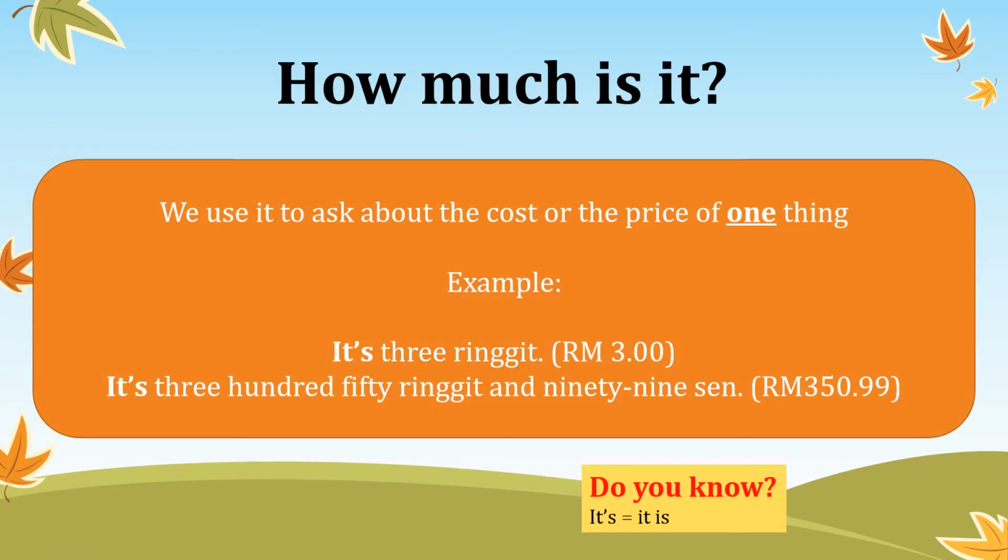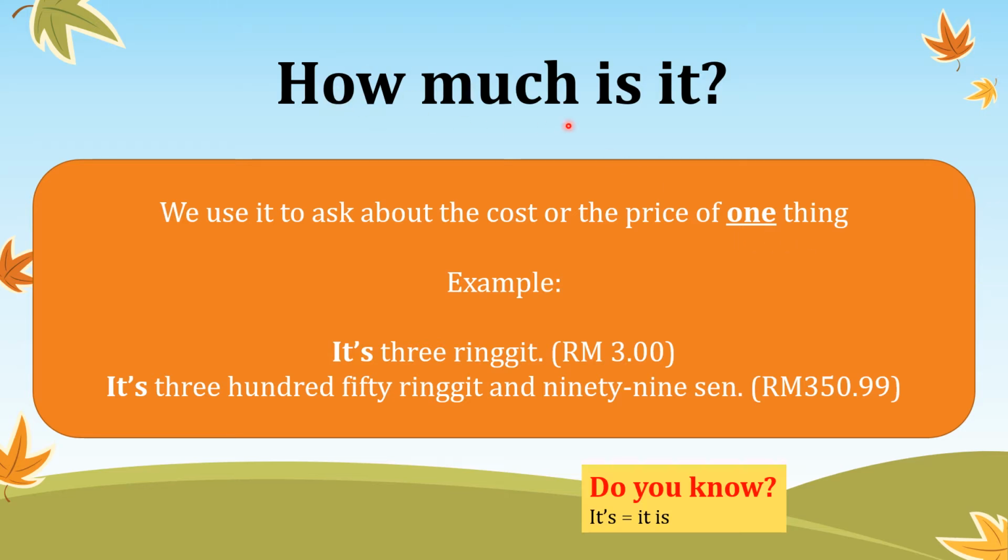Alright, now let's learn more about how much is it. We use how much is it to ask about the cost or the price of one thing. So I underline the word one. One thing. Satu benda.